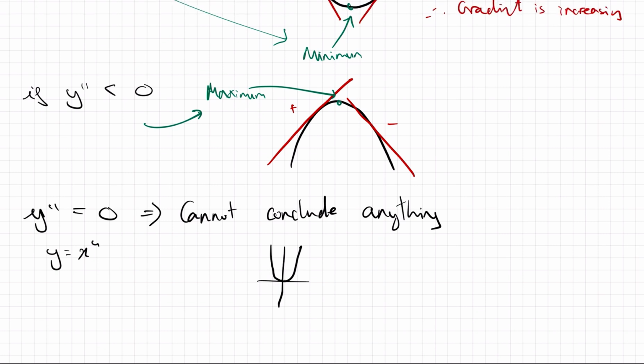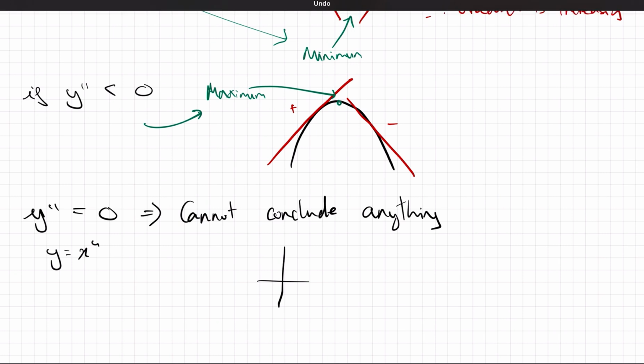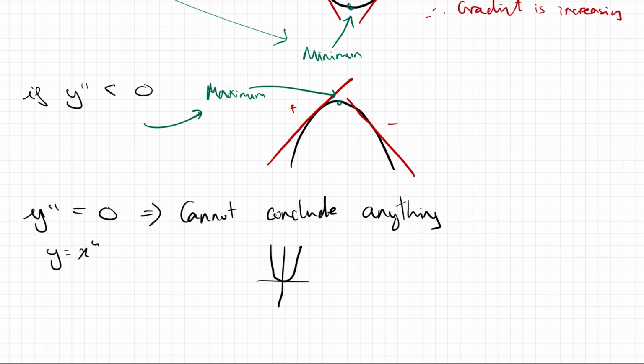But what we can do is, we know this has a minimum at x equals 0, y equals 0, and we could find that using the same method we did before, so setting the gradient function equal to 0, and then solving for x, which is going to give us x equals 0, y equals 0. So there's our point.